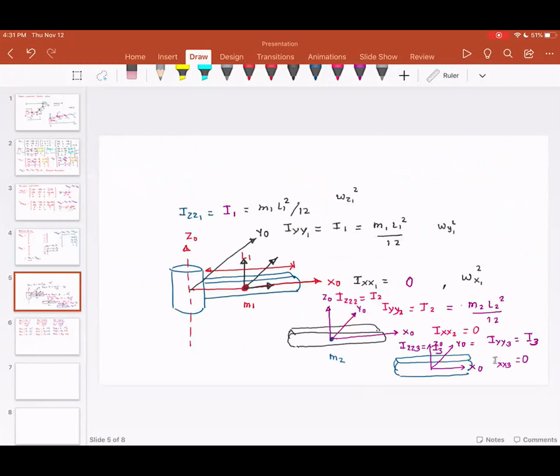Then please understand, this is an important step, we need to find out two types of kinetic energies. One is the kinetic energy of translation, and the second one is the kinetic energy of rotation.